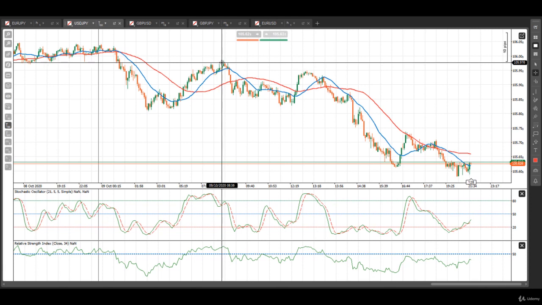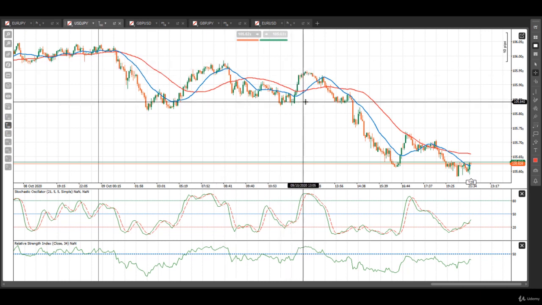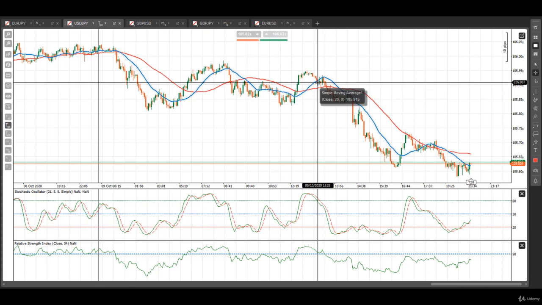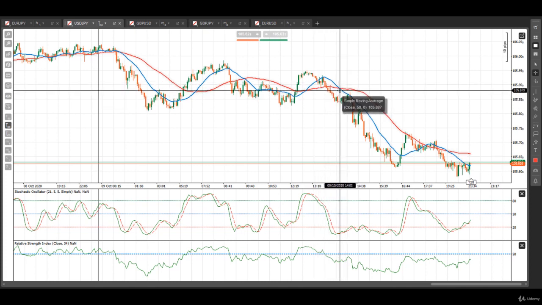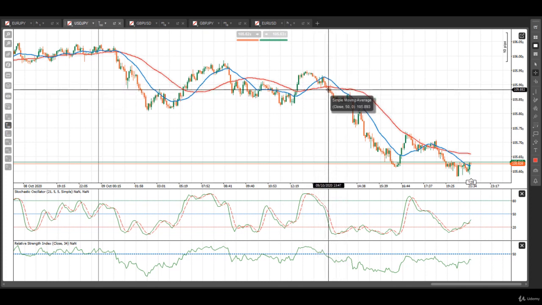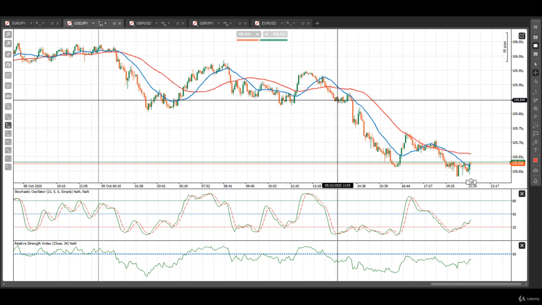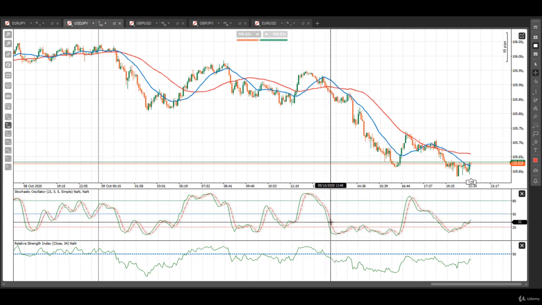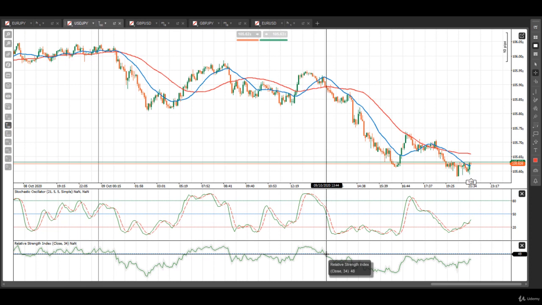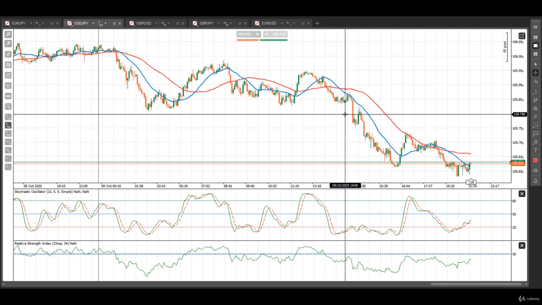We have a swing high and swing low. The swing high is lower than the previous high, so these are the characteristics of a downtrend. Also here we have the moving average, the price quoting below the moving averages. The stochastic is below 50 and the RSI is also below 50. Here we can decide right now.